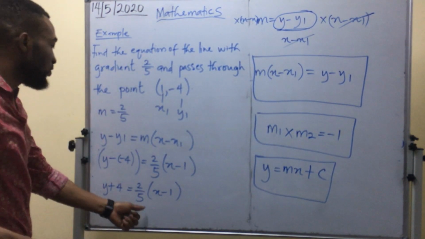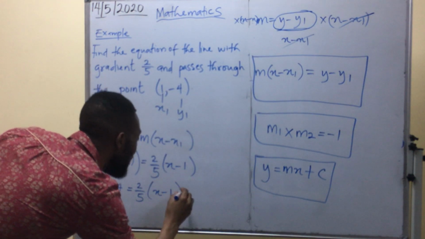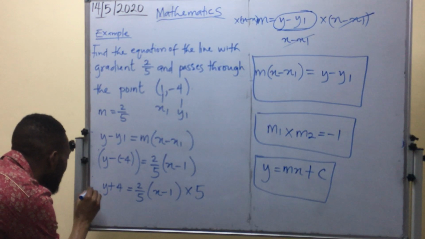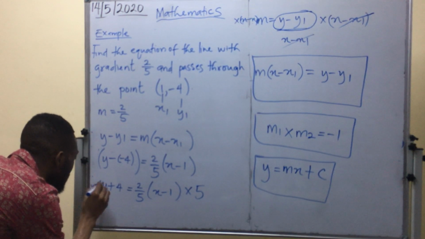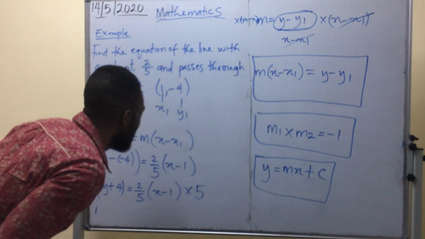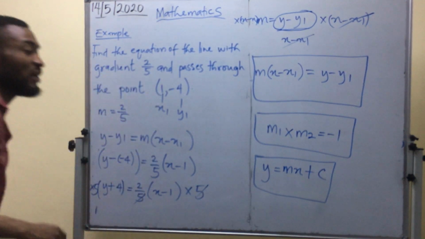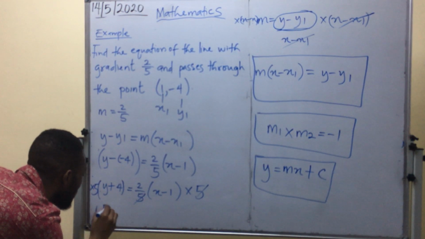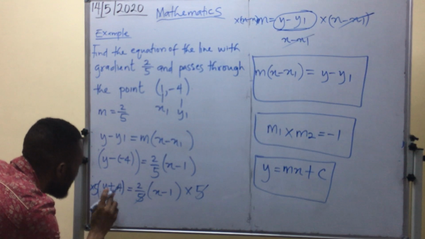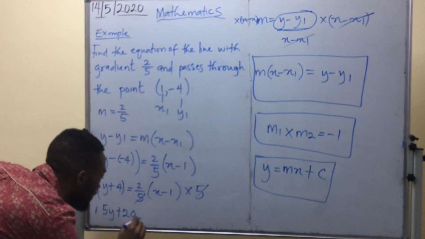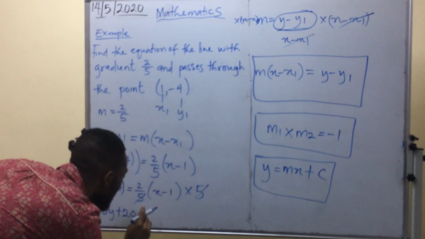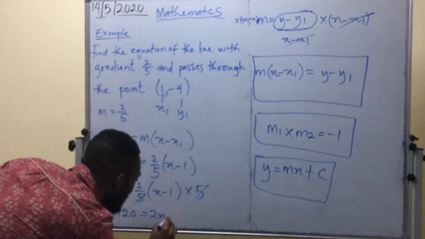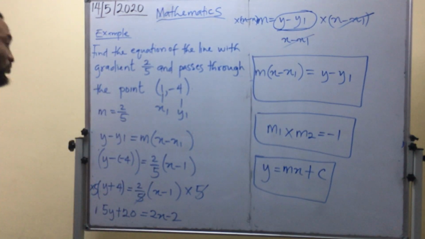So then we need to remove this 5 by multiplying both sides by 5. This 5 cancels this 5 here. So then we have 5y, 5 times 4 gives plus 20, is equal to 2 times x gives 2x, then 2 times 1 gives -2.